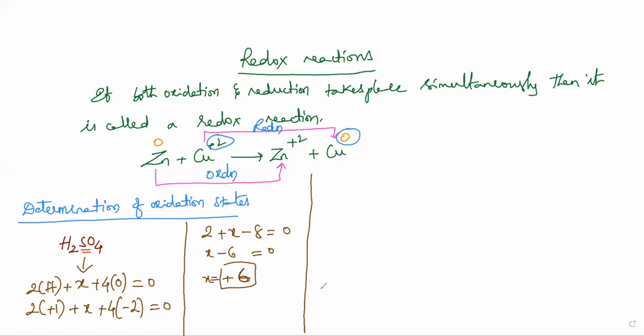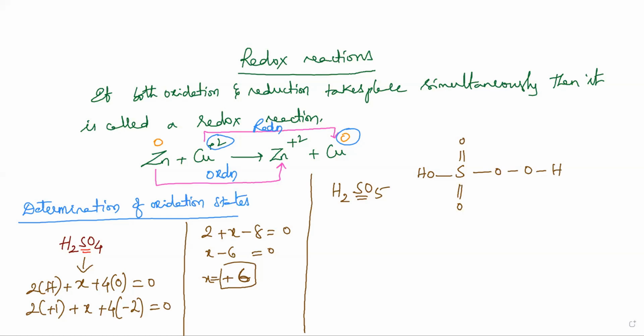Next. H2SO5. So what is the sulfur oxidation state here? OH, O, OH. So total, how many oxygens are there? 5. And how many hydrogens? 2.